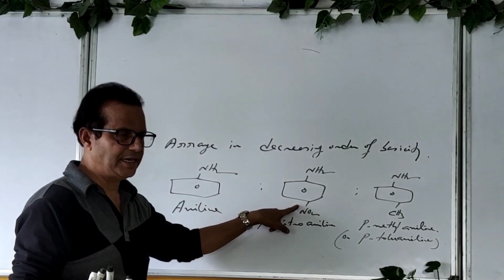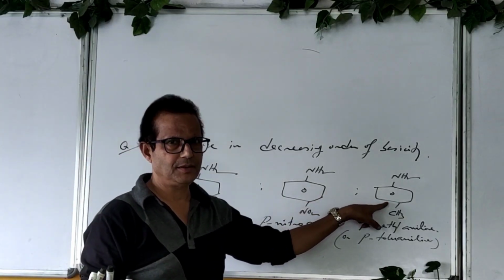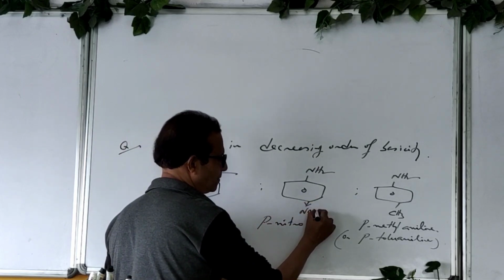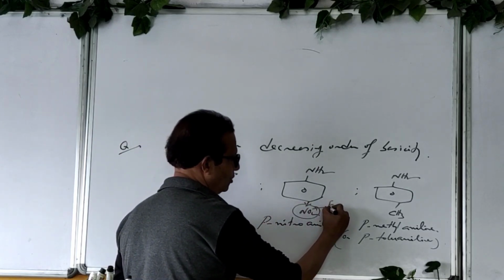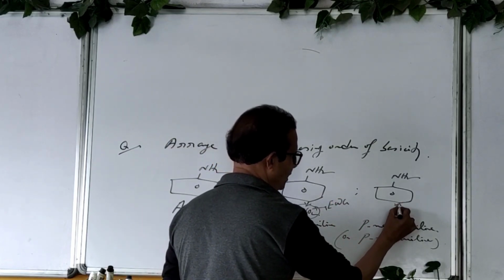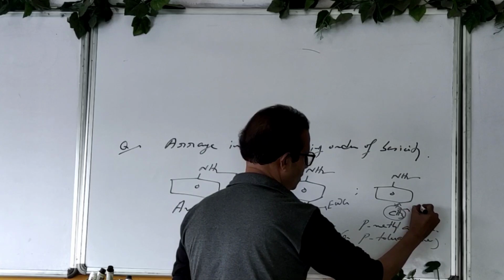In the second, the para position contains a nitro group, and in the third, the para position contains a methyl group. Nitro group has electron withdrawing nature, so it is an electron withdrawing group. Methyl group has electron donating nature, so it is an electron donating group.